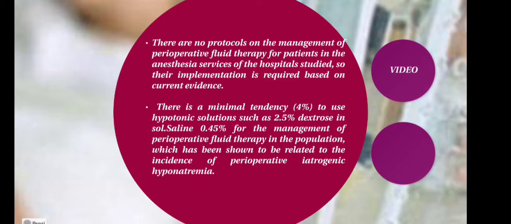There is a minimal tendency toward the use of hypotonic solutions such as 2.5% dextrose in 0.45% saline for the management of perioperative fluid therapy in this population, which has been shown to be related to the incidence of perioperative iatrogenic hyponatremia.